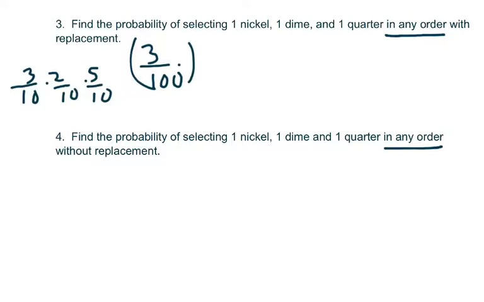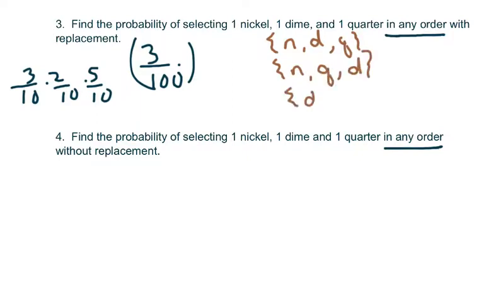But they're talking about in any order. And this is where we go back to permutations. That's why it's important that we went over permutations before we did this. In any order would mean that I could get, and I'm going to write them down, nickel, dime, quarter. I could get nickel, quarter, dime.